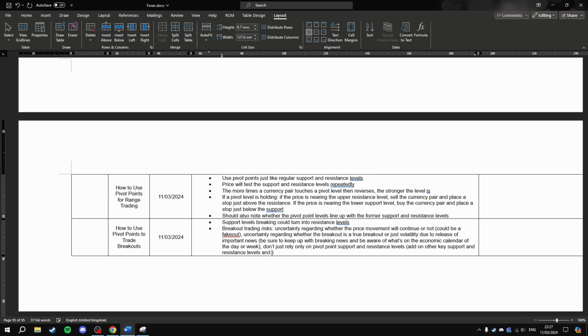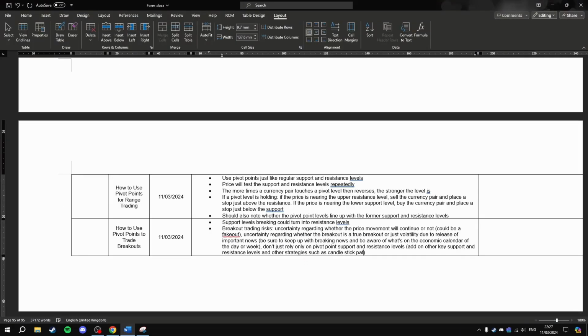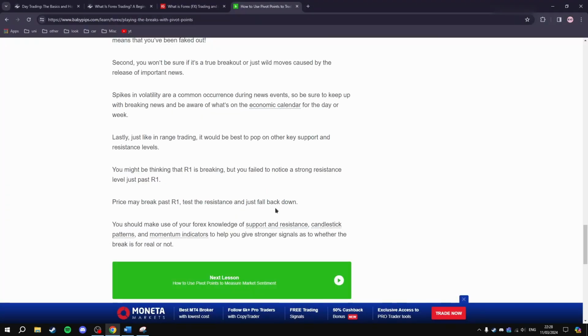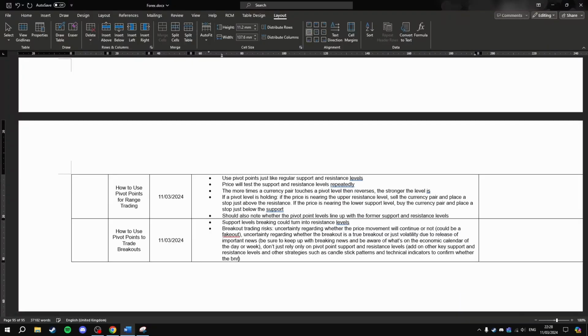And also other strategies such as candlestick patterns and momentum and technical indicators to confirm whether the break is real or not.